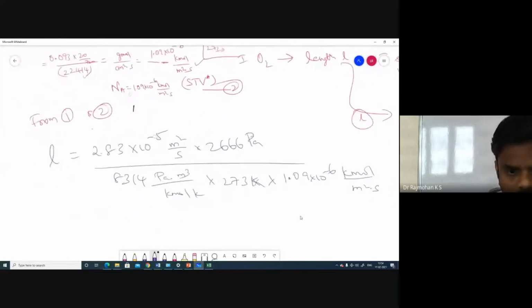Pascal gets cancelled, kilomole gets cancelled, Kelvin gets cancelled, and second gets cancelled. So you have meter square, meter cube, totally 4 are there, so we will have 1 meter left out. So we have L equal to this much in meters.